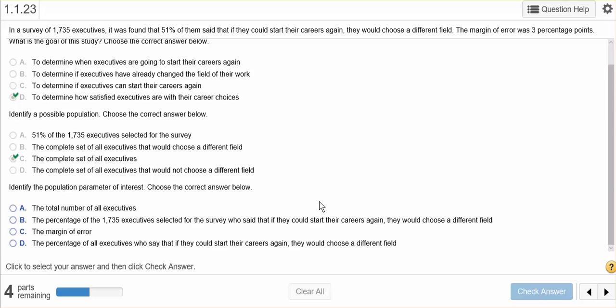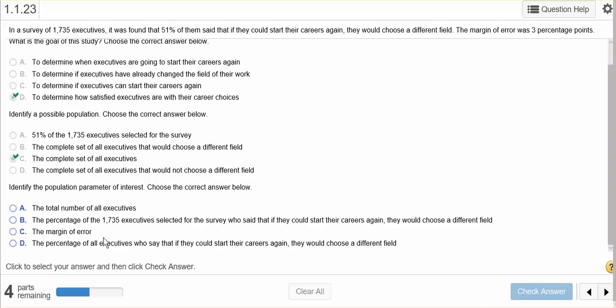So A says the total number of all executives. No, that's the definition for the population. B says the percentage of 1,735 executives selected for the survey who said that if they could start their careers again, they would choose a different field. That has to do with the sample, so it's not that either.